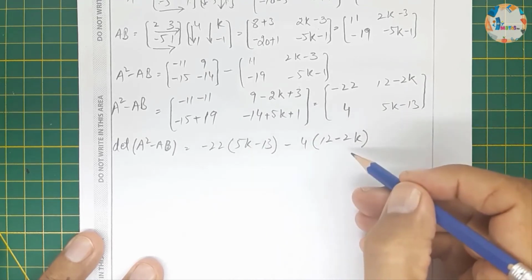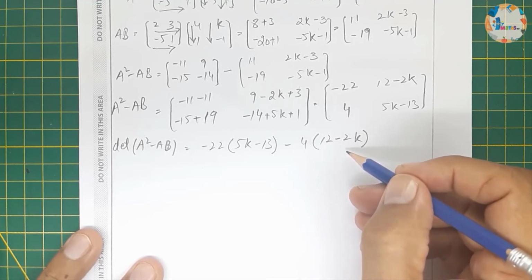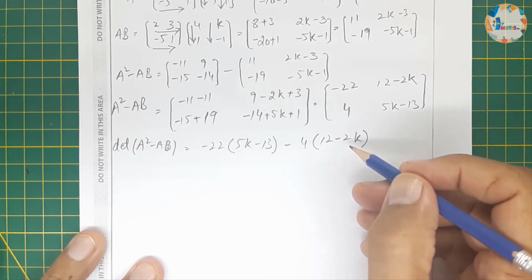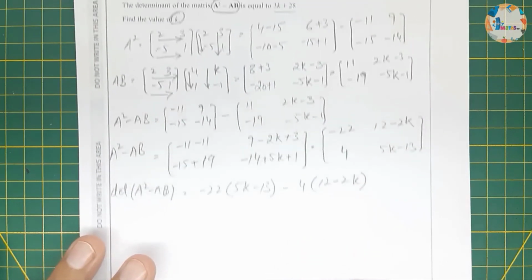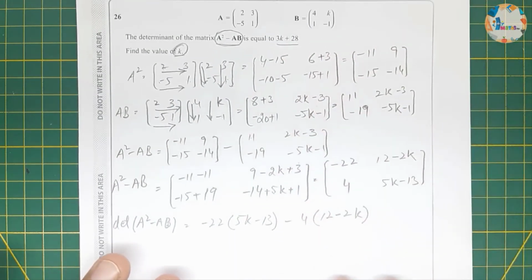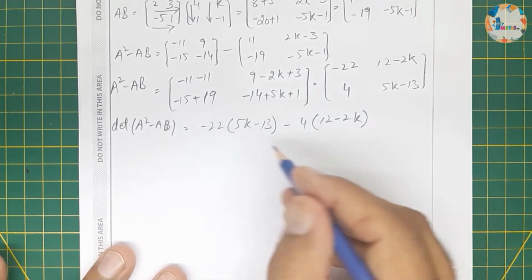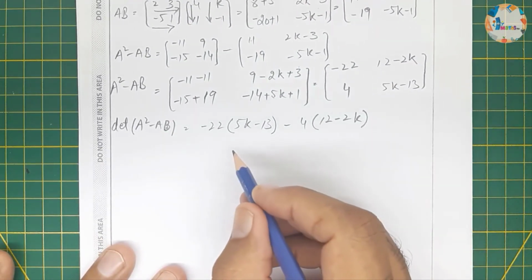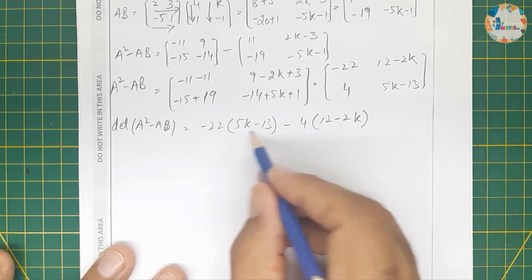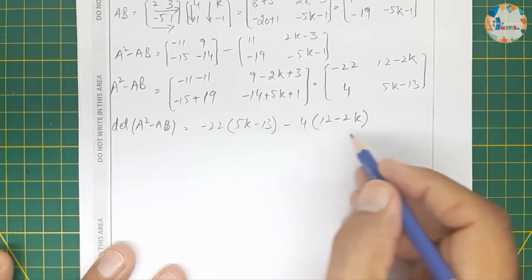Now this will be the determinant and we can find this. So they are saying that determinant is equal to 3k plus 28. So first we will simplify, then we will equate it to 3k plus 28. So we can now open the brackets.